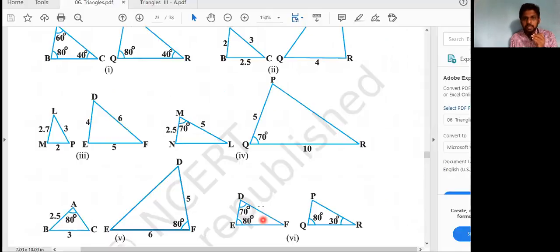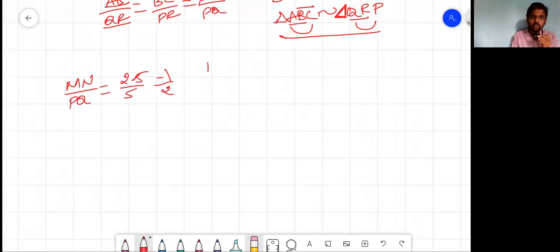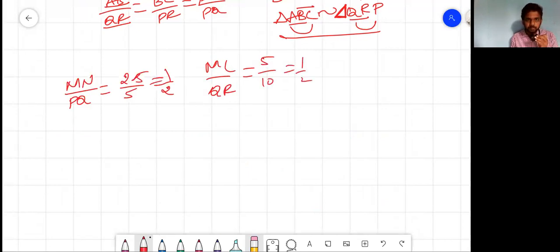So are there any other sides which have 1 by 2 as ratio? ML divided by QR, right? ML divided by QR is equal to 5 divided by 10, which is again 1 by 2.